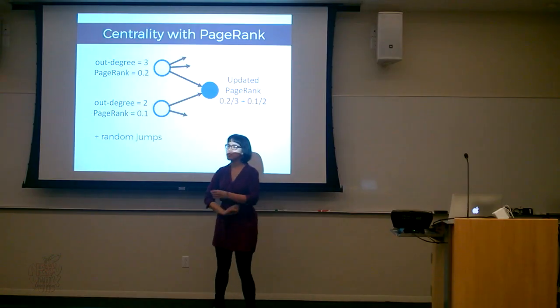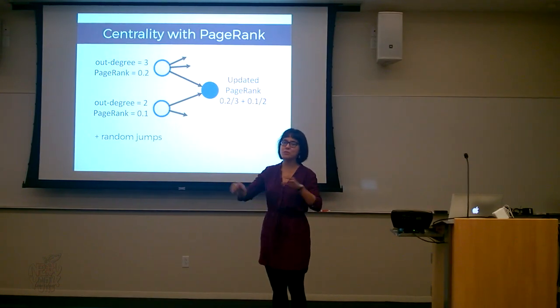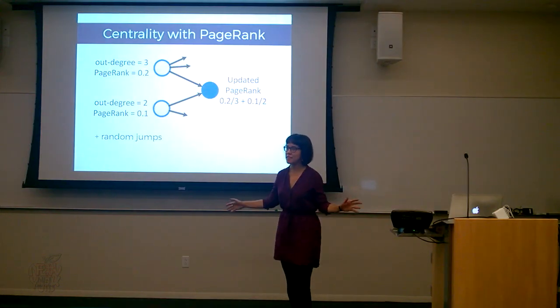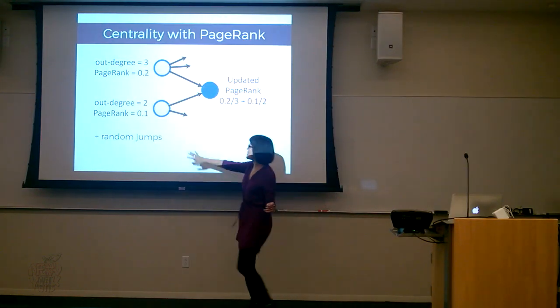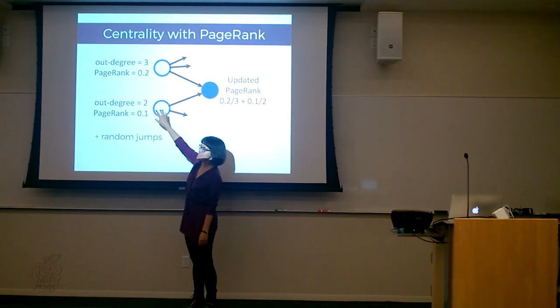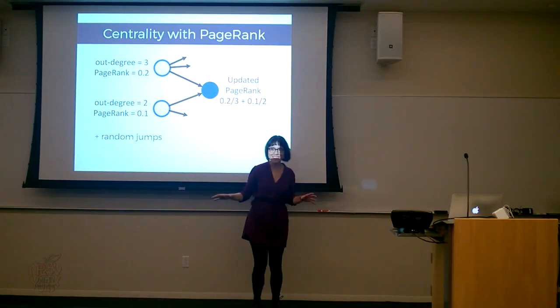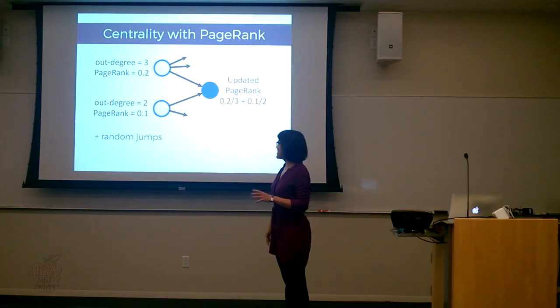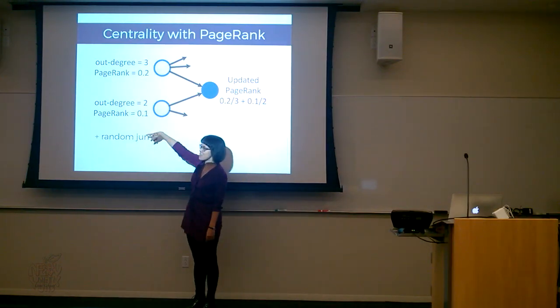That's because if you have a very important node in the network, but it points to every other node, then each link is probably not that important. But if this node is very important, then it will pass its importance to other nodes along the link. Does it still make sense? And then each node will sum contributions from all its followers.